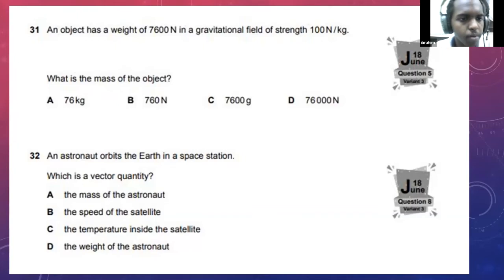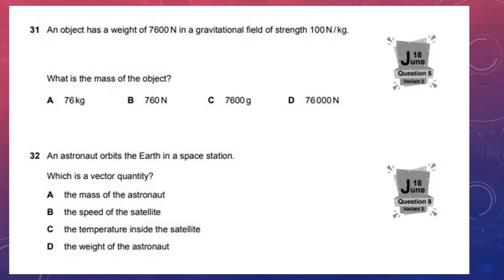So this question mentions 7,600 newtons and a gravitational strength of 100 newtons. What is the relation you will use to answer this question? The mathematical formula, the law to find the mass from this information.